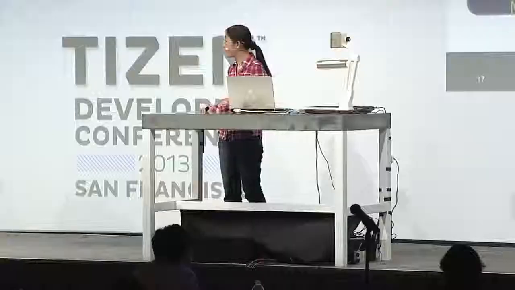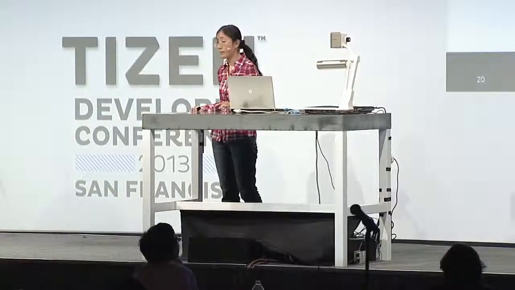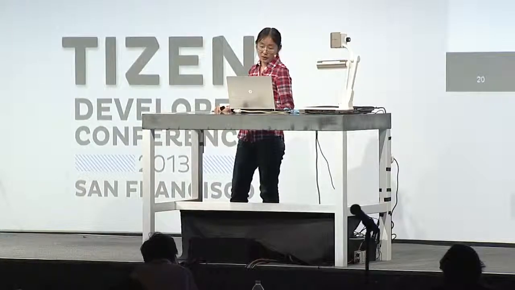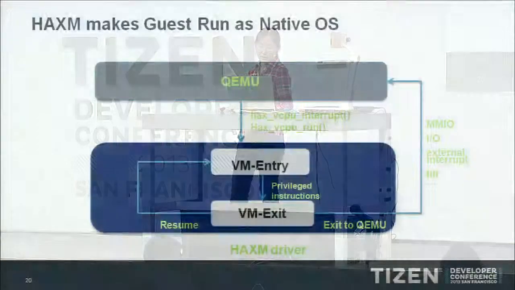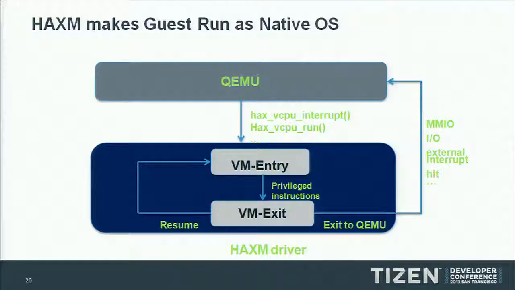And the HAXM driver will take the CPU control and decide if it can do some job on behalf of the guest. If yes, HAXM will help the guest do it and prepare the next VM entry. We can see another picture here. After a VM exit, the HAXM driver will help the guest do some job, if it knows that the guest will resume to run.